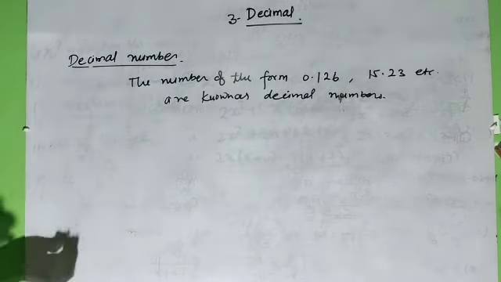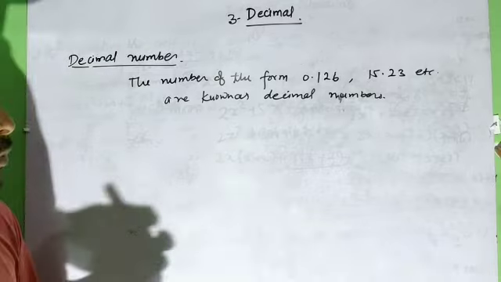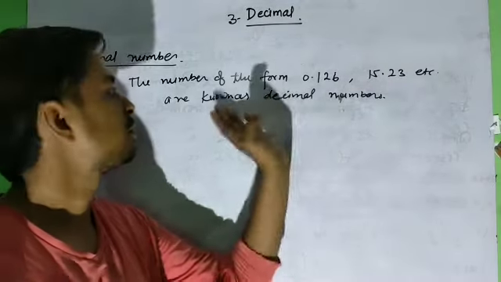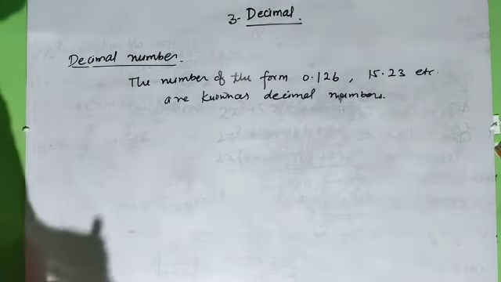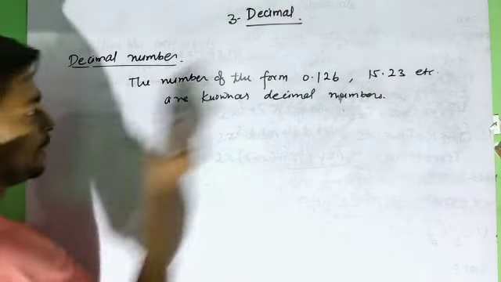All the numbers of this type where the point symbol is taken are known as decimal numbers.